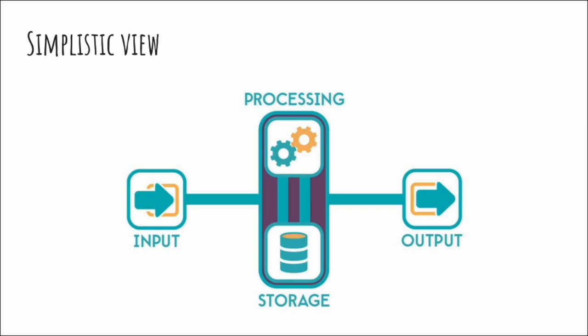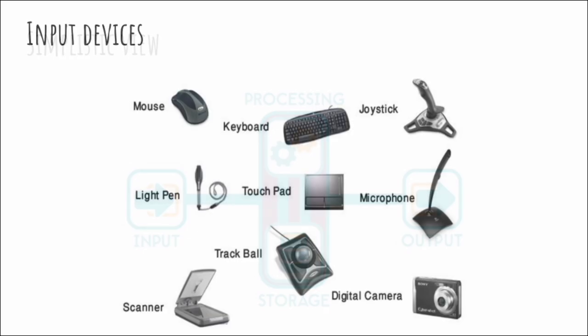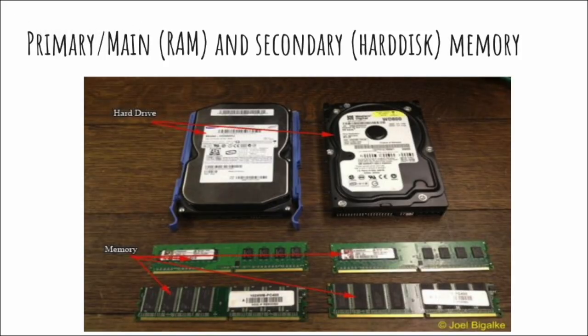Okay, so these are all various input devices, right? Mouse, keyboard, joystick, light pen, that's like a stylus, scanner. Scanner is another input device. Trackball, camera, touchpad, microphone. And these are images of primary memory and secondary memory, right?